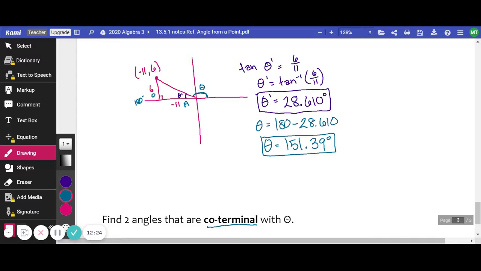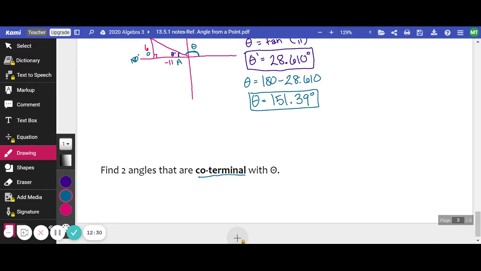So you are going to add 360. That means it could be 511.39 degrees. You could instead subtract 360 to get negative 208.61 degrees.